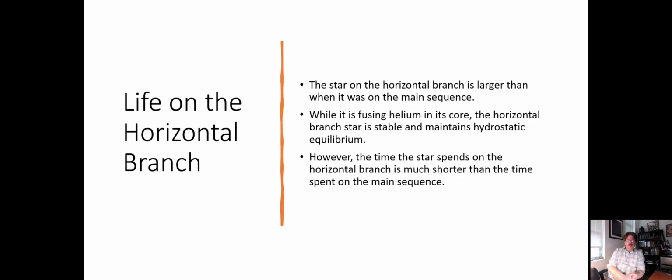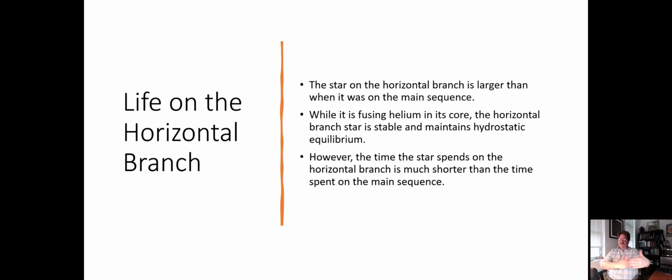The horizontal branch, like I said, is much larger, or the star is much larger than it is on the main sequence, but not as large as it is in the red giant phase. And the time it spends on this branch is much shorter, as I mentioned before, than the time it spends in the main sequence.